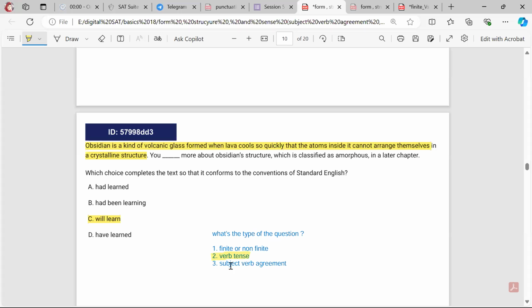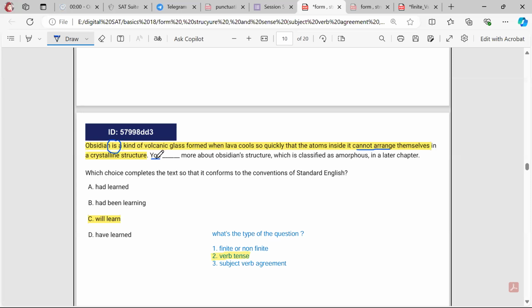Since you told me that it's a verb tense question, I need to focus on the main verbs. This is a definition, and we usually use the present tense to state facts. So I'm stating a fact about this glass. That the atoms inside it cannot arrange themselves in a crystalline structure, that's present as well.